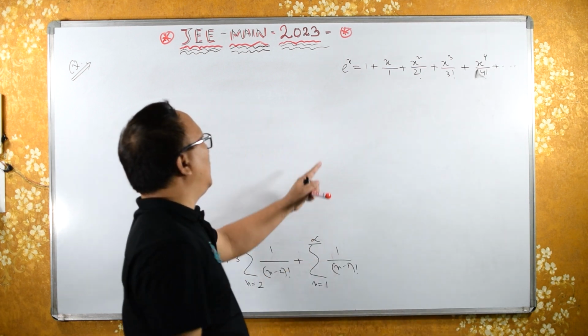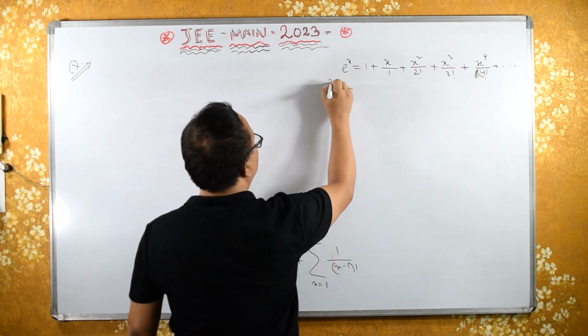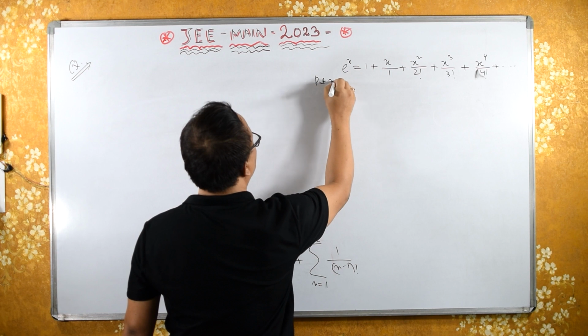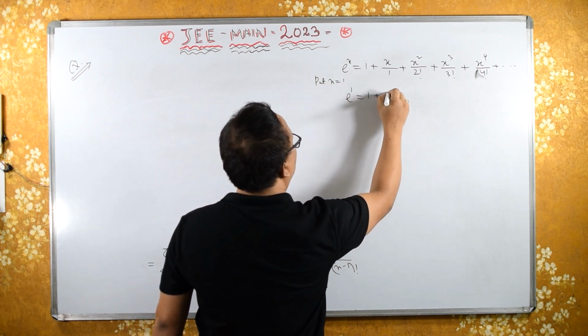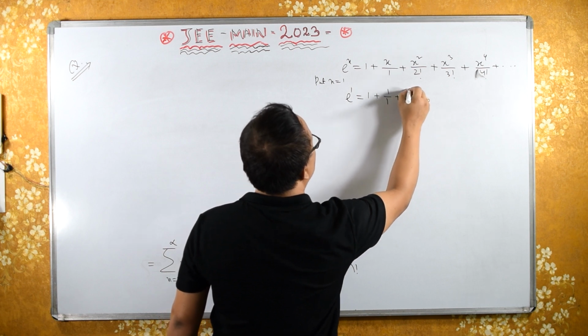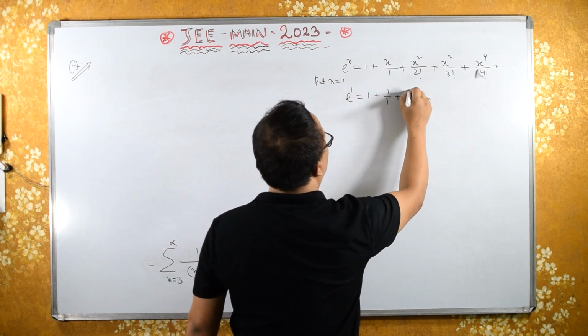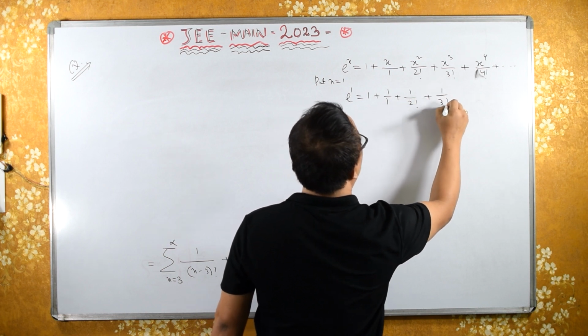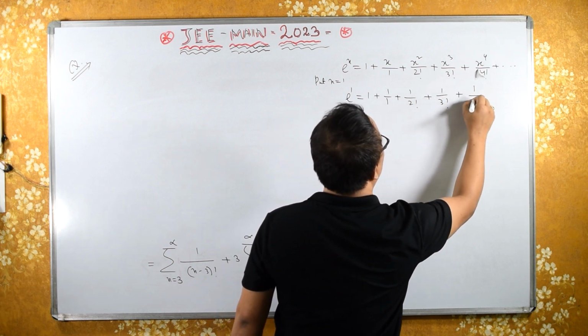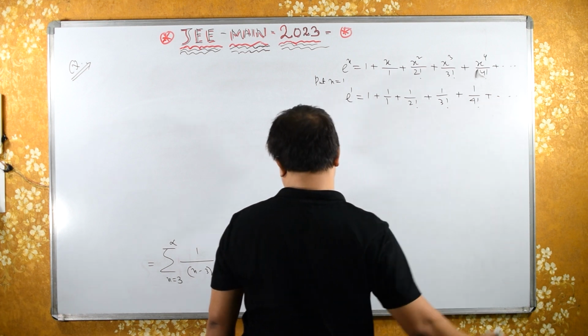Now let's put x equals to 1. Therefore e raised to 1 equals 1 plus 1 upon 1 plus 1 upon 2 factorial plus 1 upon 3 factorial plus 1 upon 4 factorial plus so on.